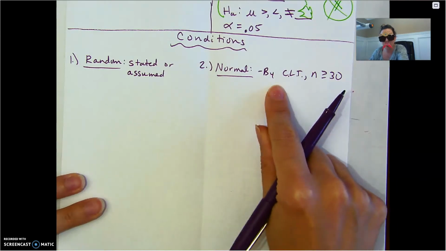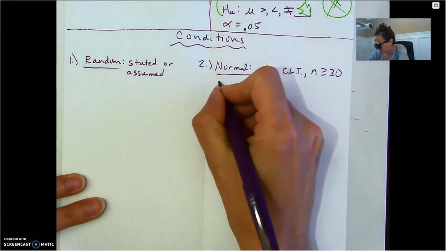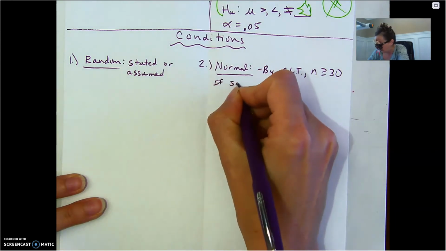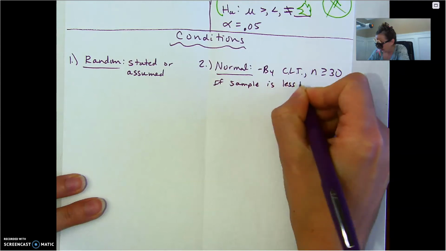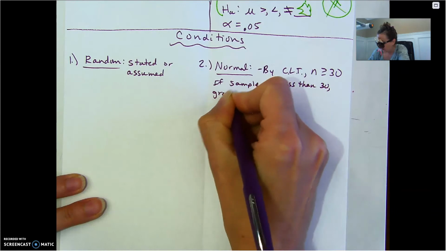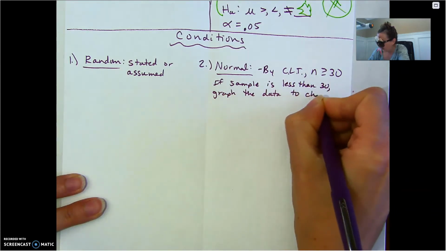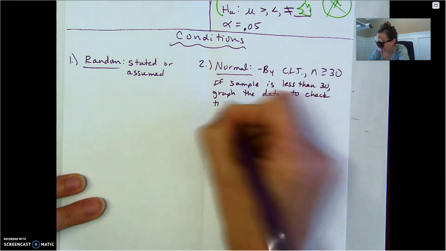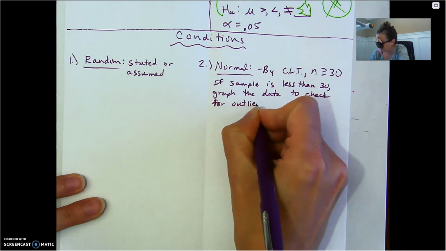All right, so let me write down all these thoughts that are running through my mind. We've got central limit theorem. Hopefully that works. If we don't have a sample that is at least 30, so if sample is less than 30, graph the data to check for outliers.